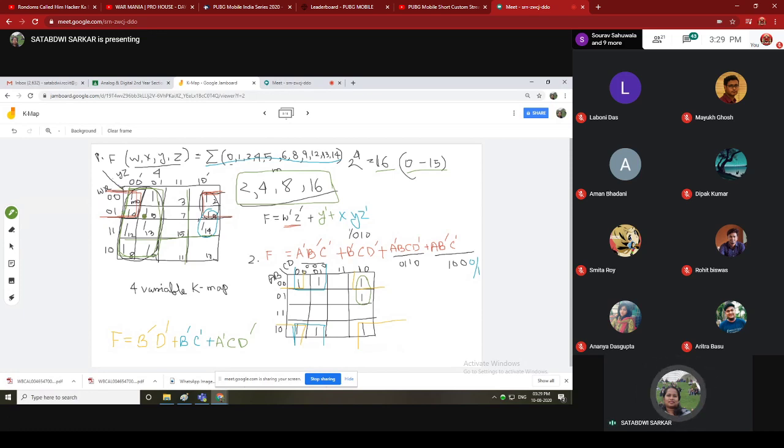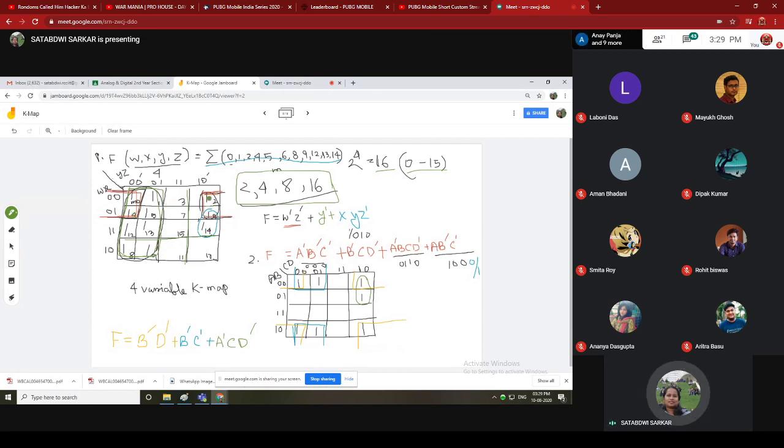So this becomes 4 cells. These 4 cells can make a group. We cannot make a group with 6 cells, so M14 and M12 we cannot group. But with 2 and 6 and 0 and 4, we can make a group.